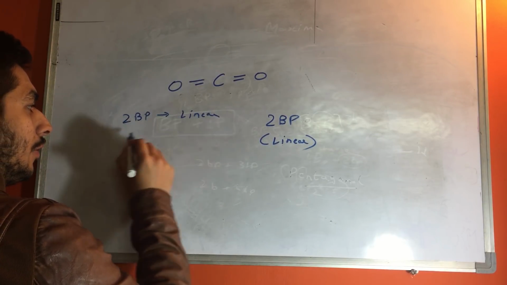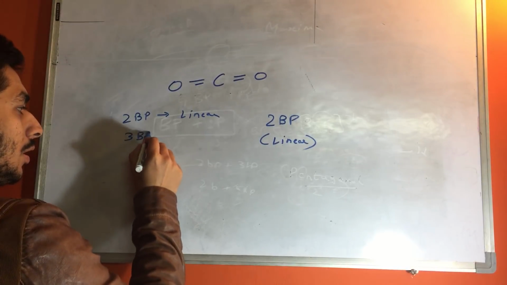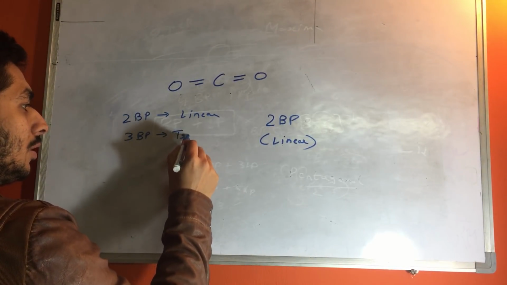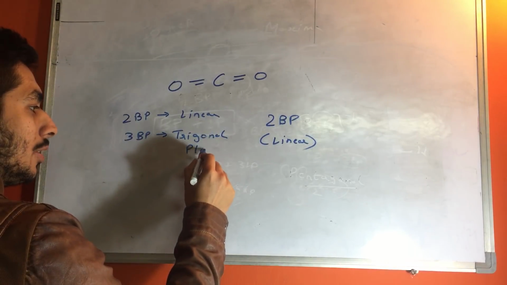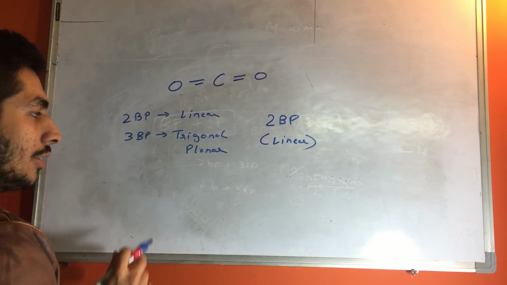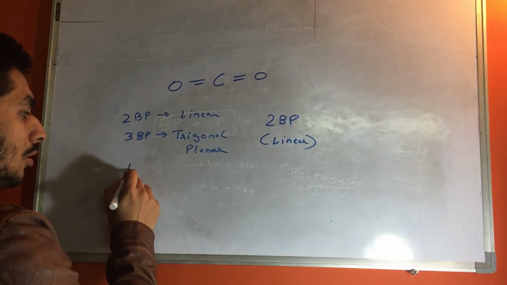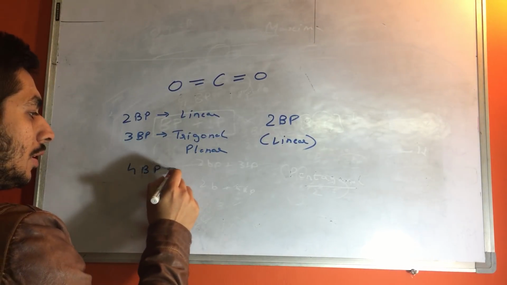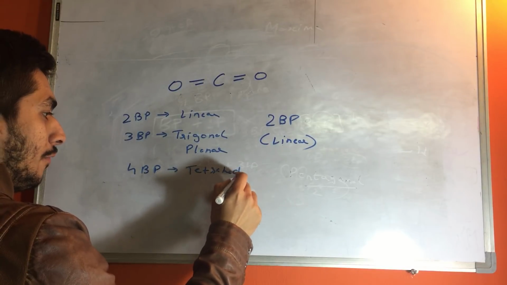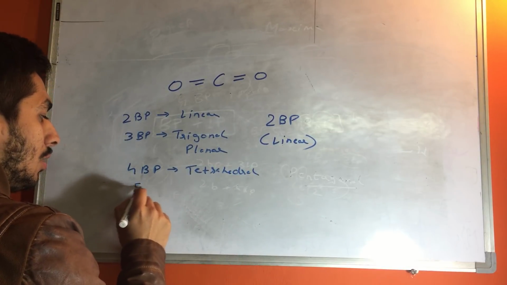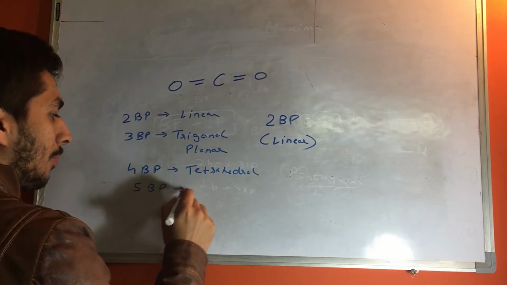Okay. If we have 3 bond pairs, then the geometry is trigonal planar. So the difference between the shape and the geometry: right now I'm talking about the geometry. 3 bond pairs, it's trigonal planar. 4 bond pairs, it's tetrahedral. Then for 5 bond pairs, it is trigonal bipyramidal.